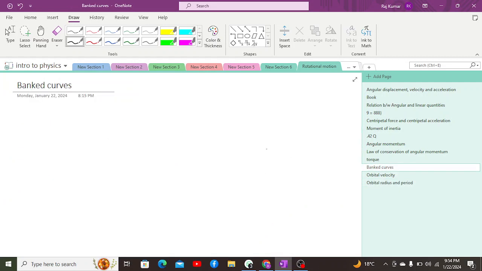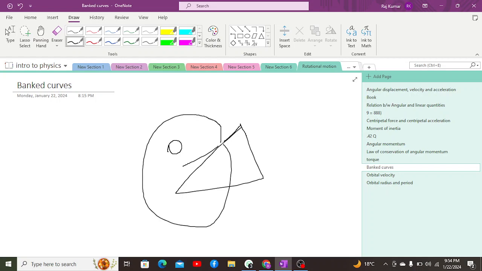Now coming to some common observations of centripetal force in our daily life. Whenever a centripetal force is applied over a system, it tends to move the body in a circular path.